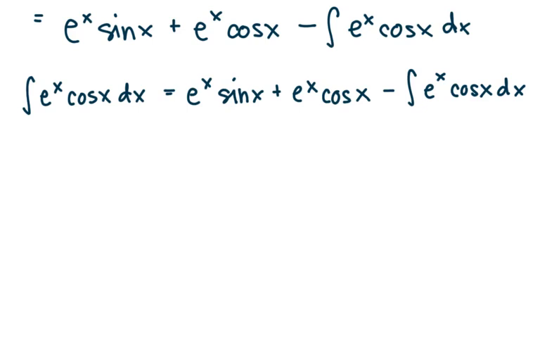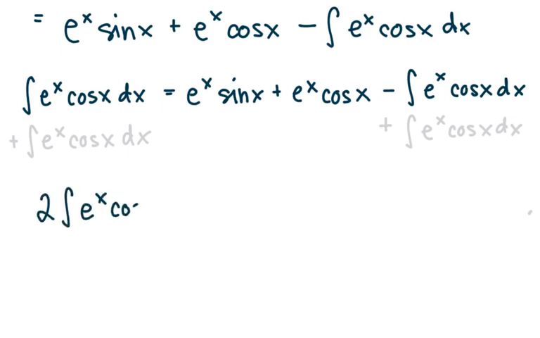So what we're going to do here is add the opposite of this integral, negative e to the x cosine x dx, use some algebra, and move it to the other side of the equation. Doing this gives me two of those integrals on the left side of my equation.